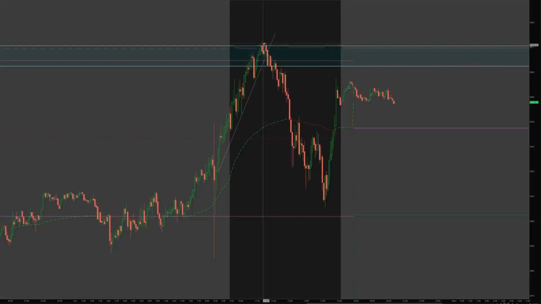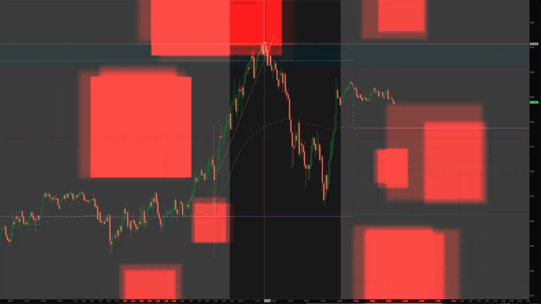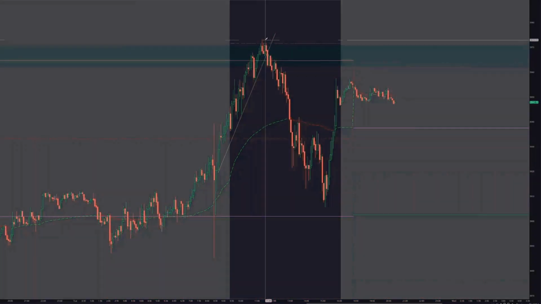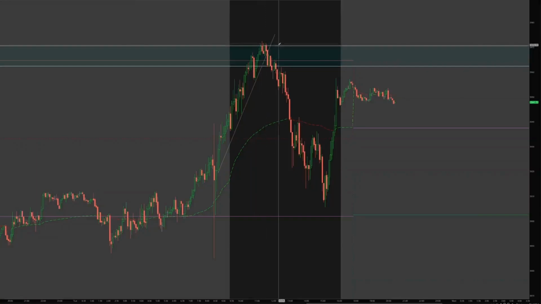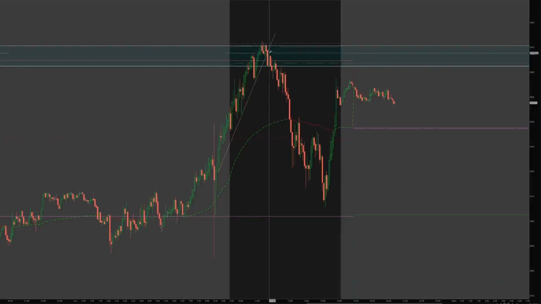After price spent around 30 minutes or so sideways here, testing this level and failing four or five times to close above it, I was interested to see if we were going to break this uptrend, which we did after this bar here with a nice signal bar. It was a strong bar on the 5-minute.